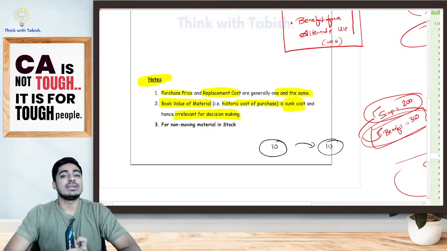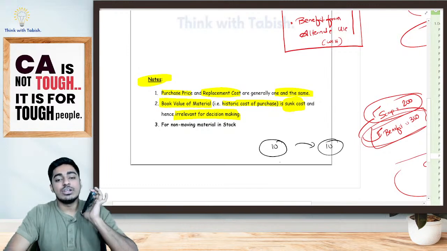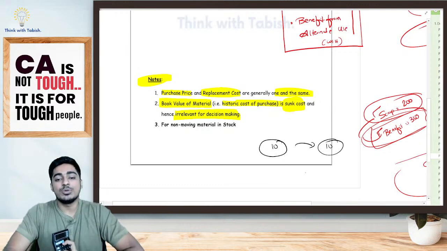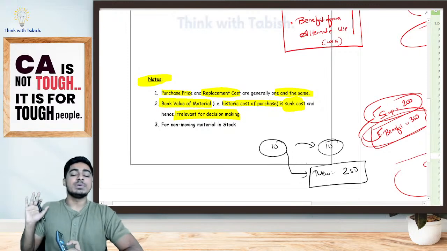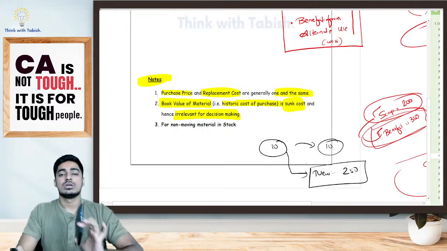No. What I will say is, if you want it, I will give it to you. But if I give it to you, I need to purchase a new calculator today. To purchase a new calculator today, I have to pay 250 rupees. So you give me 250 rupees and I will give this to you. Otherwise, I won't.